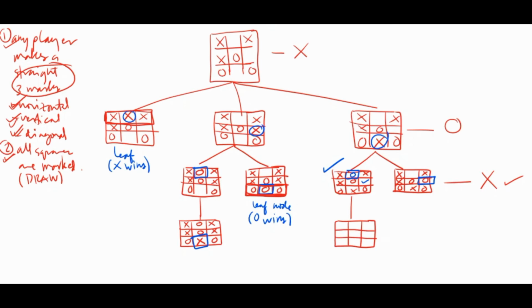So the current state is X, X, O, O, O, X, and X, O. The vacant square is this, so we place the mark of X in here.